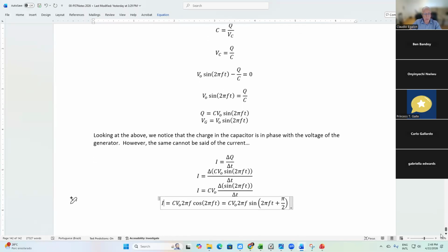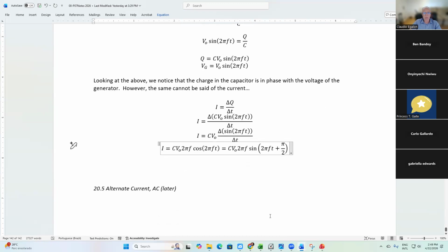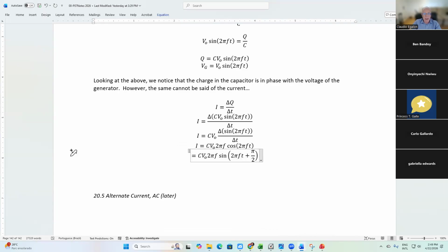I'm going to ask you to memorize the final result. When you take the delta of this function with respect to t, the sine switches to cosine. On top of that, the 2 pi f goes outside the term. Now you can see that whereas the voltage has a sine, the current has a cosine.